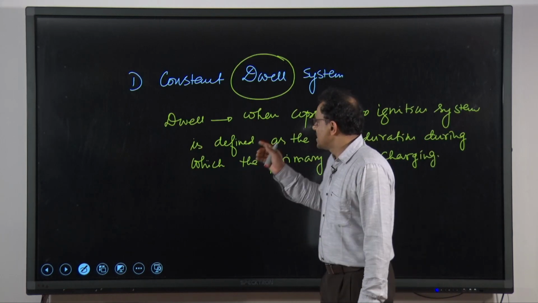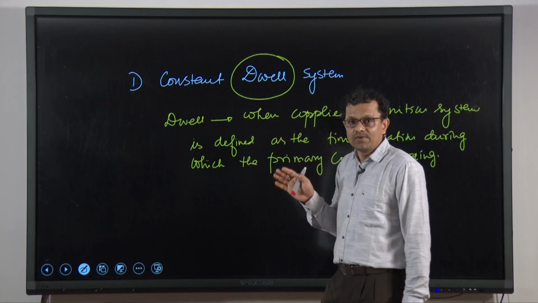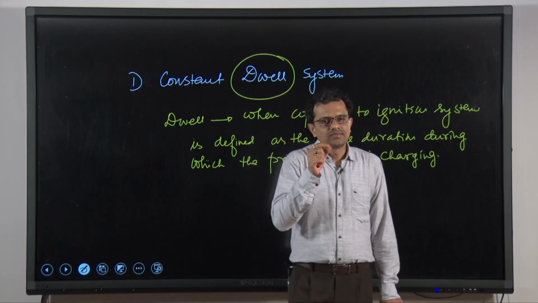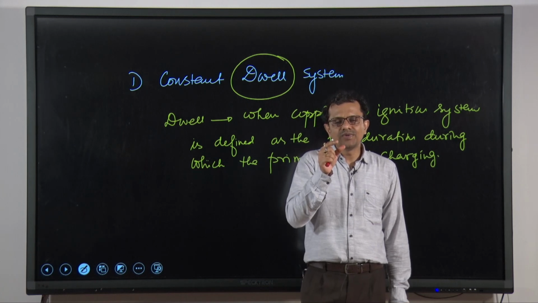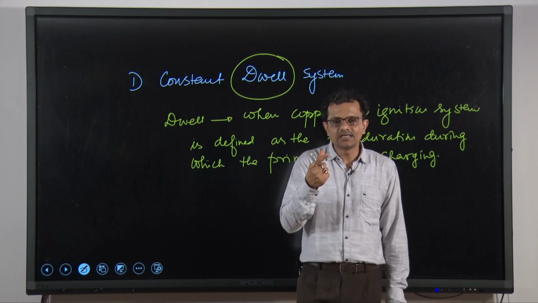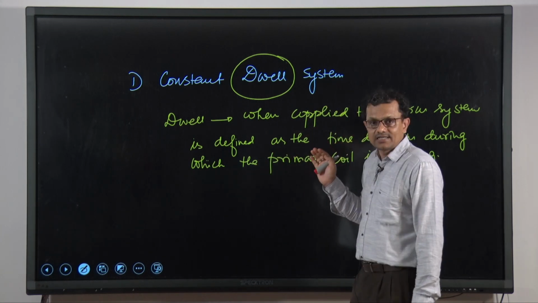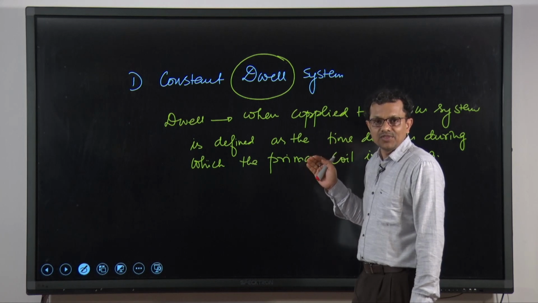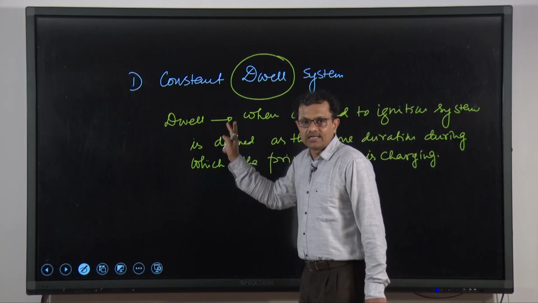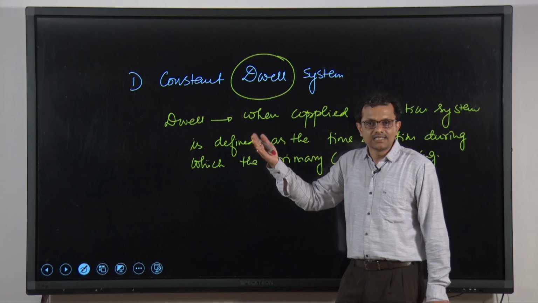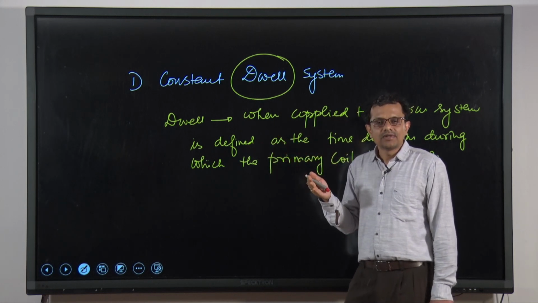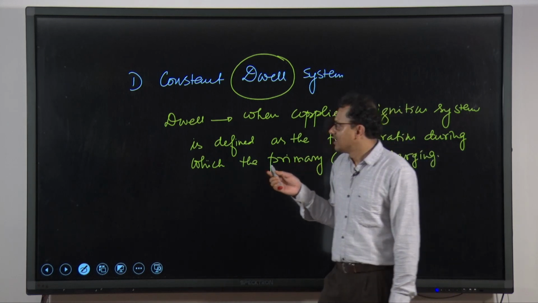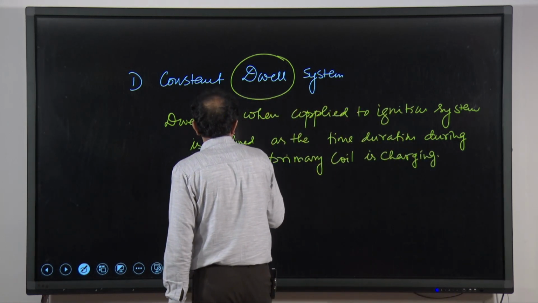So, what we can do is have a constant dwell system, no matter whether the closing and opening time of the breaker points is getting disturbed because of the engine speed. We can have an electronic circuit which will allow a constant dwell time. So, even if the engine speed increases, the dwell time or dwell angle will remain the same, but the actual time will be reduced. Okay. So, this is the concept of the constant dwell system.